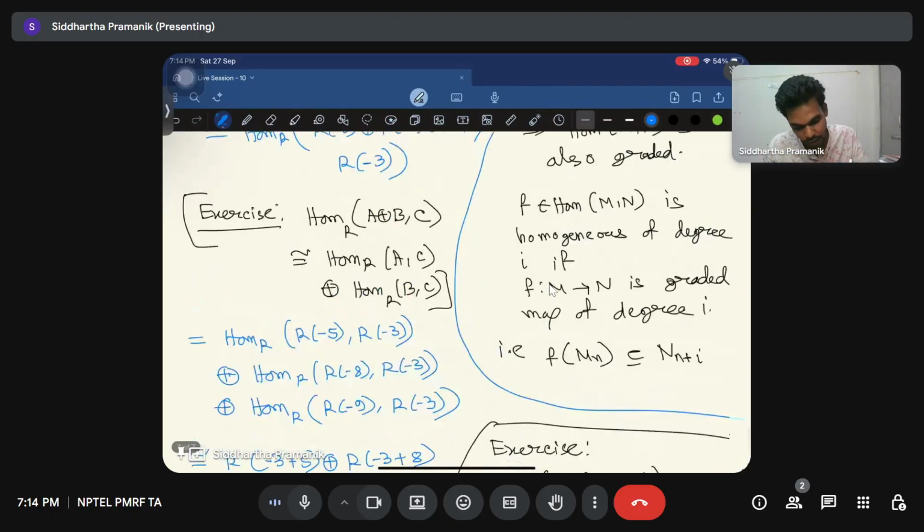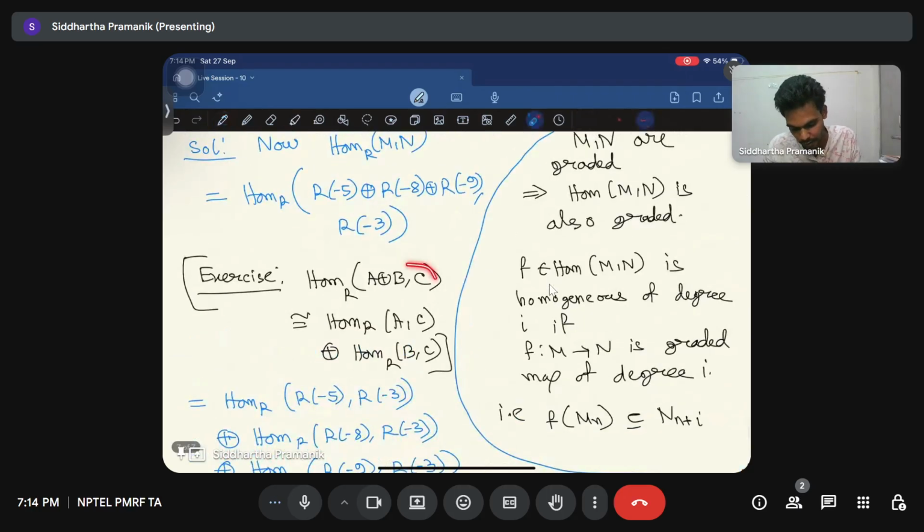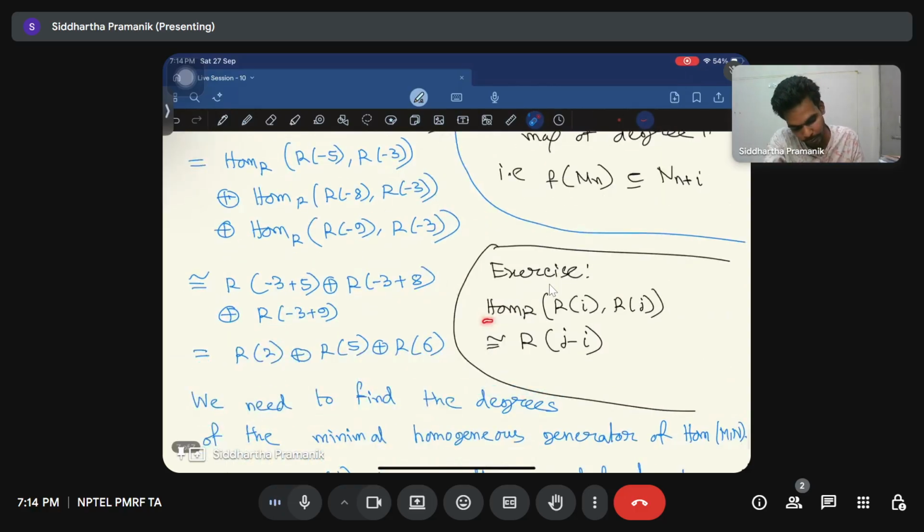So we are using two facts: that Hom commutes with finite direct sums, and how to shift these things. Hom(R(i), R(j)) is R(j minus i).